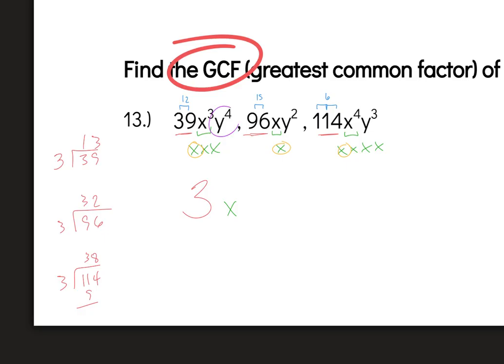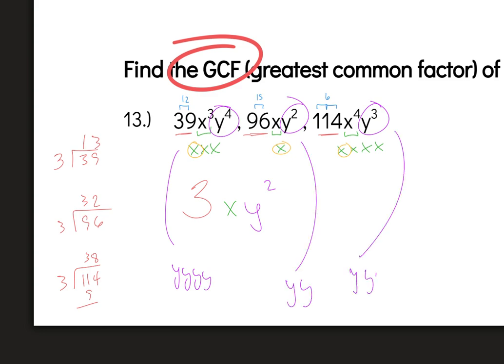And next, y to the 4th, y squared, y to the 3rd, that's y squared. How come? Because this one has 4 y's, this one has 2 y's, this one has 3 y's, so they have 2 y's in common. So here is your answer, 3xy squared.